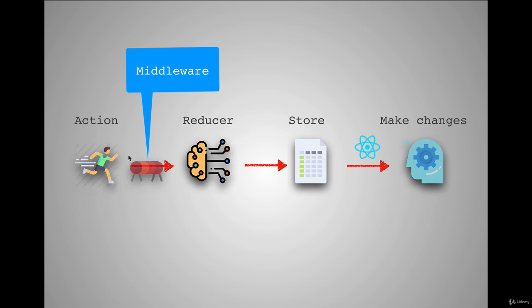In the meantime, the reducer is just going to check the robots and say, there's no robots yet because in API land, that hasn't returned yet, just like a promise. So the reducer keeps going and doesn't make any changes because the state hasn't changed. So how can we create actions that are asynchronous that still go through the reducer, the store, and then make changes?